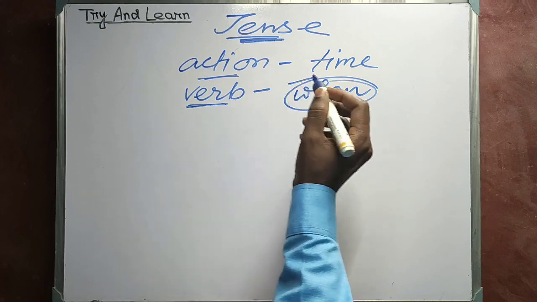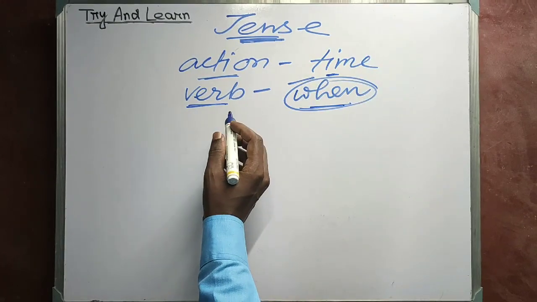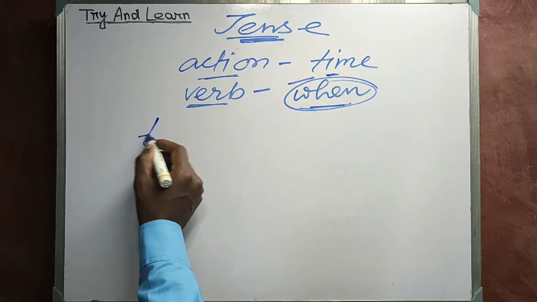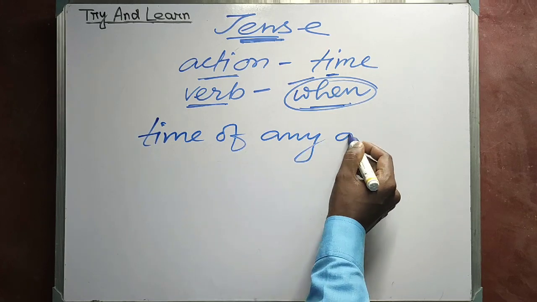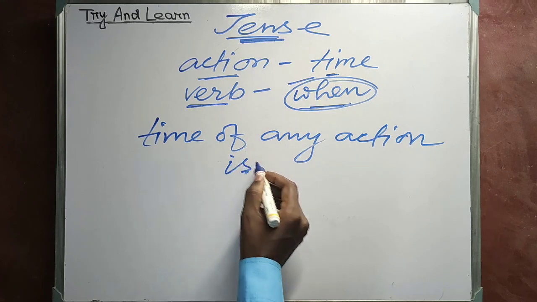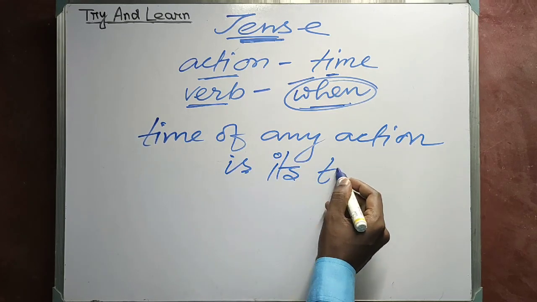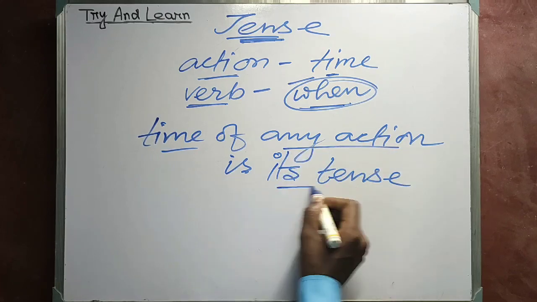When the action or verb happens, that time is called tense. In another way, we can say the time of any action is its tense.